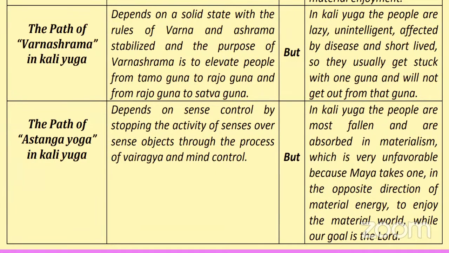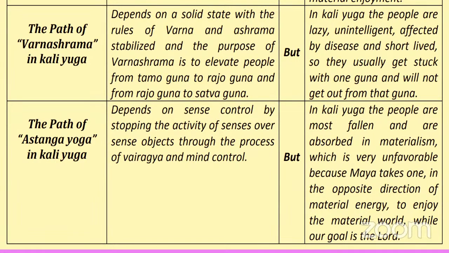But in Kali Yuga, the people are most fallen and are absorbed in materialism, which is very unfavorable because Maya takes one in the opposite direction. So that's why it's unfavorable.